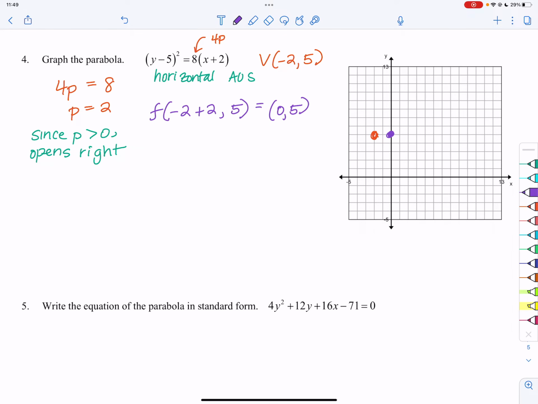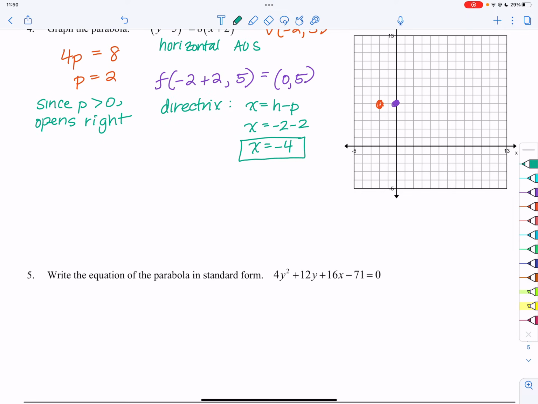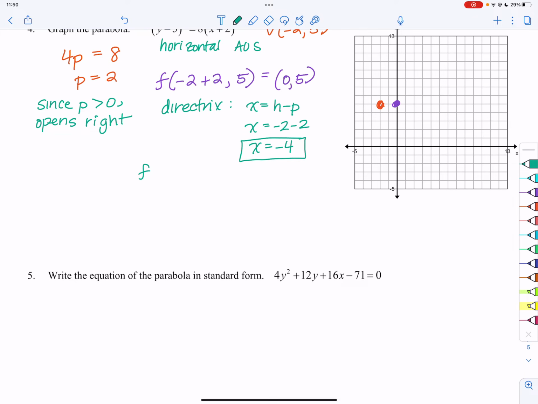And now we can take a look at our directrix. And as you can see, that directrix is going to be x equals h minus p. So now we will have -2 minus 2, and that's going to be -4. Is our directrix. And we can go ahead and dash that in.